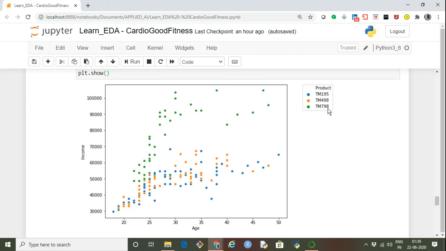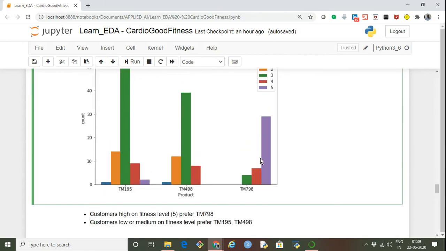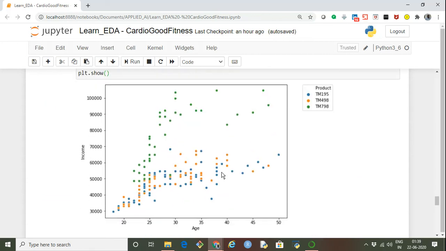That is why it was bought mostly by those people who are higher on the income range, whereas the other two products, and we also saw that at the fitness level, those who rated themselves high on the fitness level bought TM798. So this clearly indicates that the TM798 treadmill model is definitely expensive.